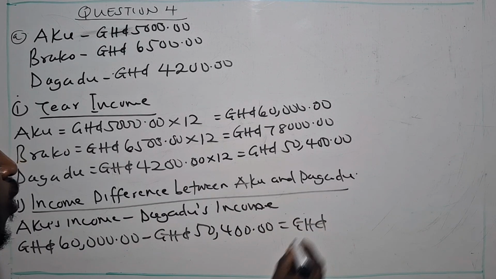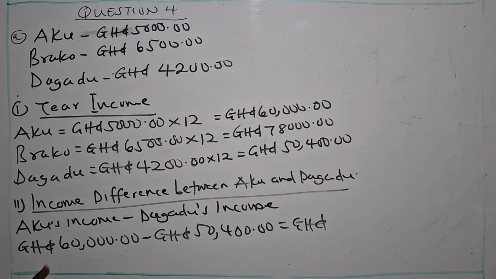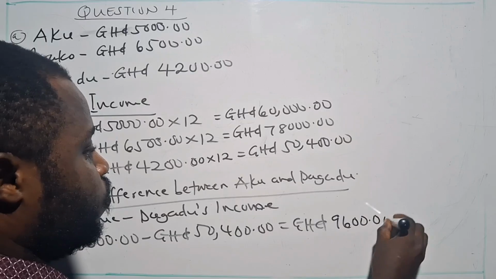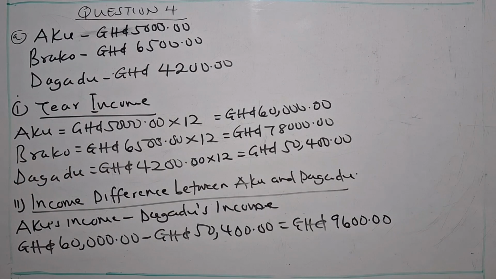So their difference between 60,000 and 50,400 is going to give us 9,600. So this is going to be their income difference.